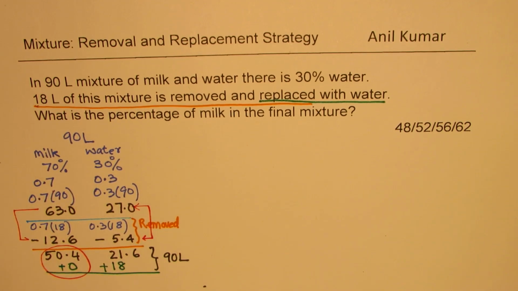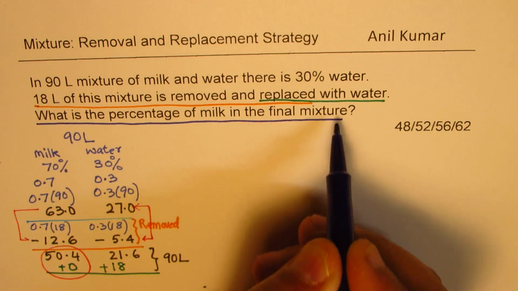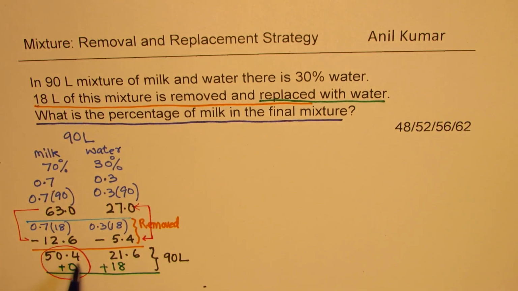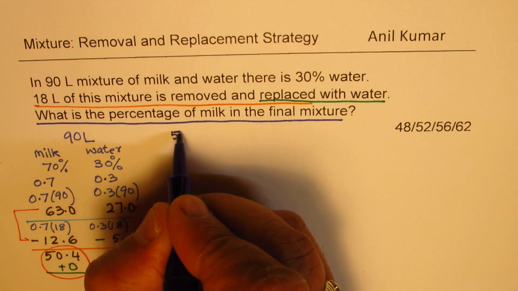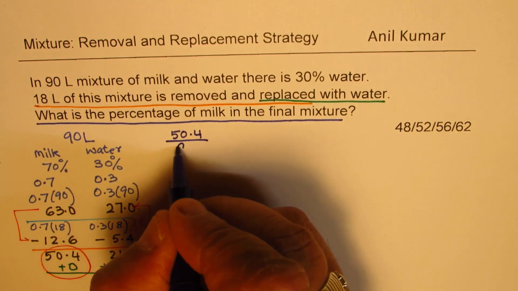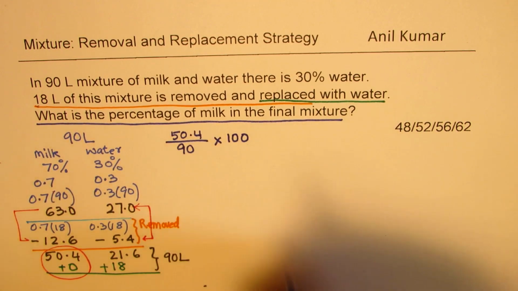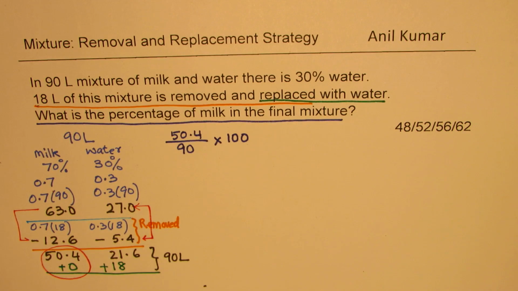The question is, what is the percentage of milk in the final mixture, right? So let's write down our answer. So simple, right? What is the percentage of milk in the final mixture? So we have 50.4 of milk out of a total of 90. And we are going to multiply this by 100 to find the percentage. Is that clear to you?